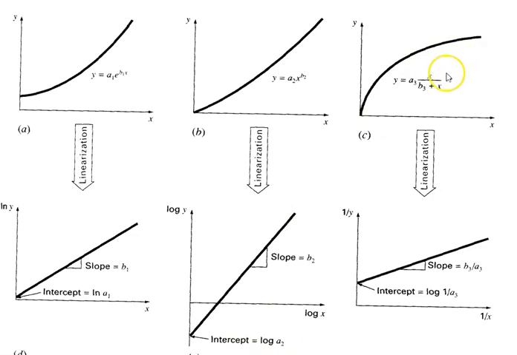For the saturation growth rate model, both axes are transformed into 1 over x and 1 over y, with slope b3 over a3 and intercept 1 over a3. We will see each model one by one, and how we actually transform it into the linearized version.